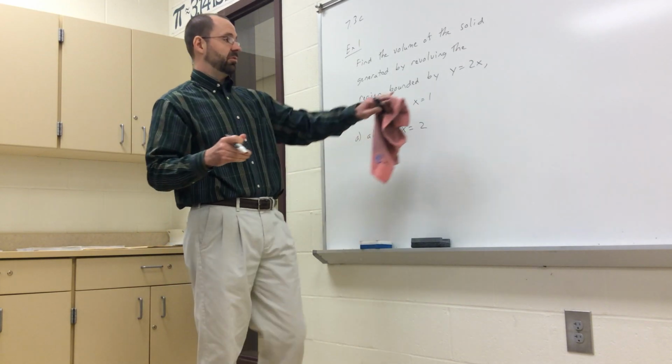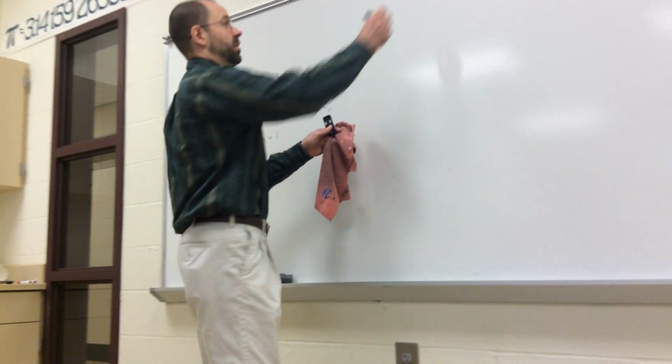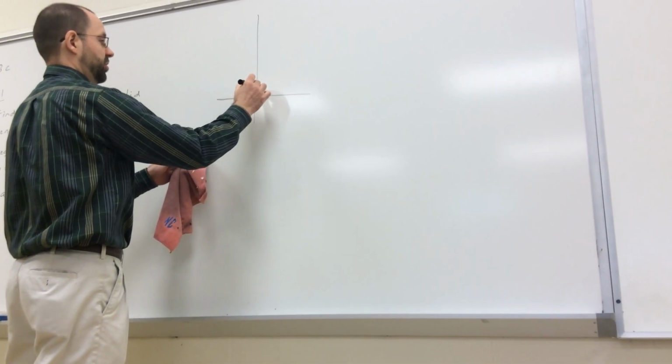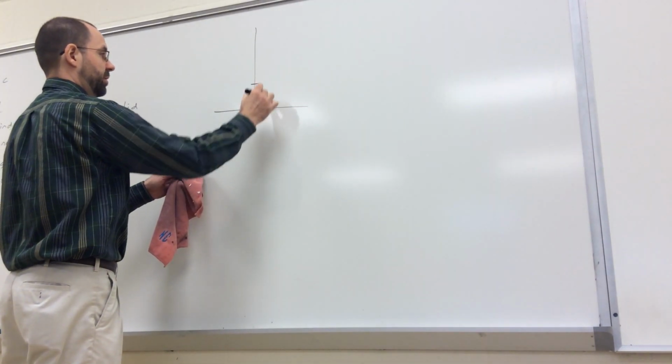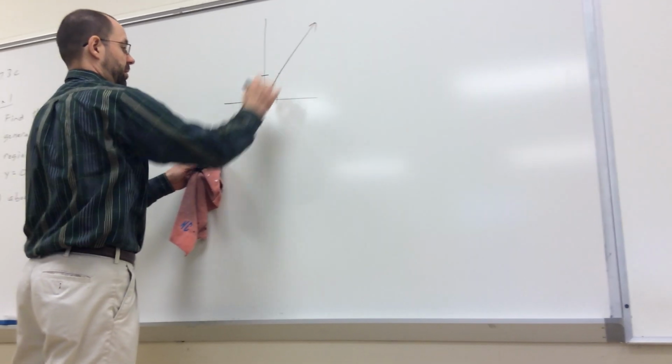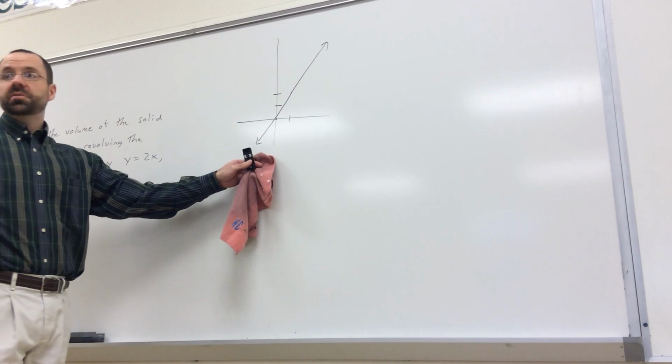So first we're going to graph y equals 2x. That's just a straight line with slope 2. That goes through 0, 0. So there's y equals 2x.